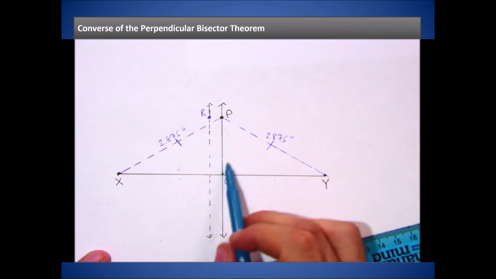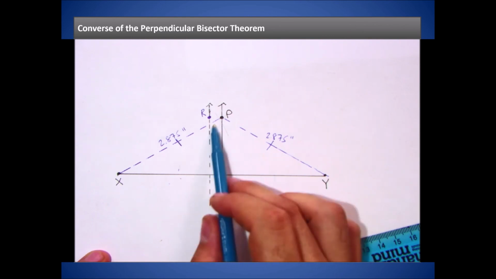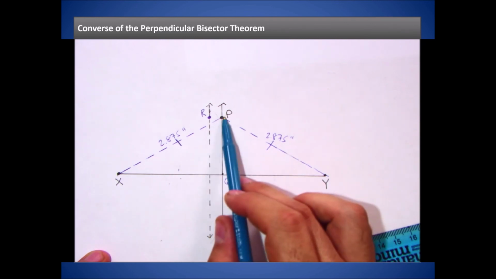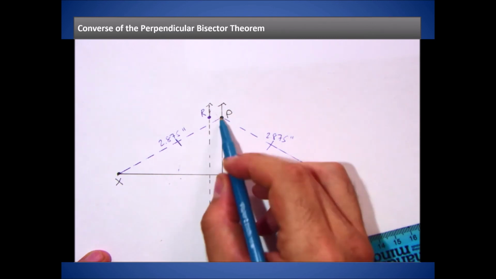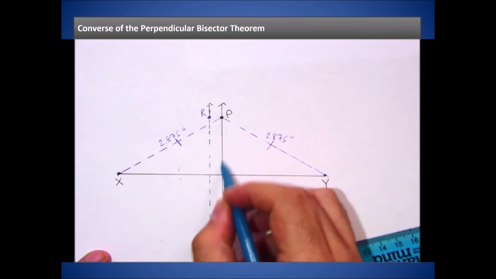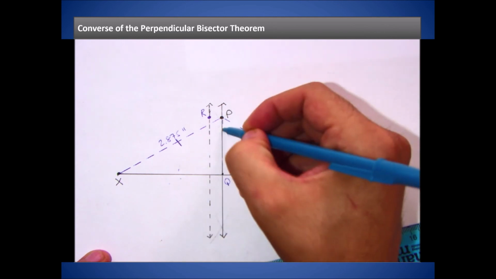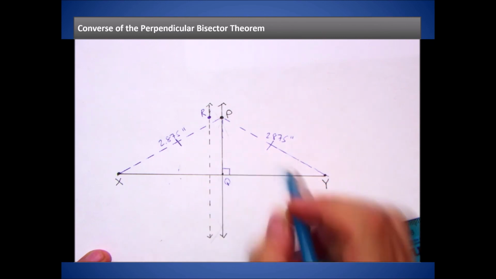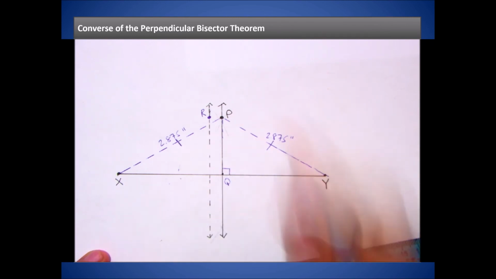That's what we're trying to conclude from this observation. If we know that this is the same, then this is on a bisector, which means that this line here, this imaginary line, if you will, will cut this at a 90-degree angle, and this is a 90-degree angle.